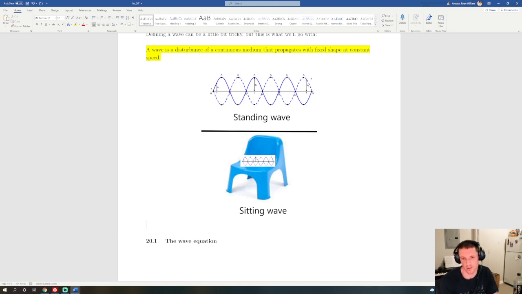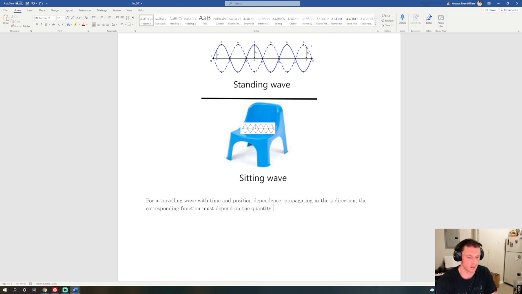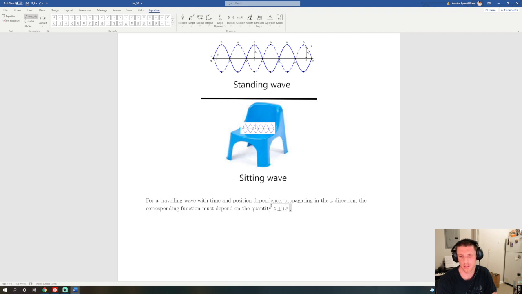I'm going to show you another animation here, but let's just say, focusing on traveling waves, for a traveling wave with time and position dependence, propagating, and propagating just means moving, in the z direction, the function that we use to represent this object must depend on the quantity z plus or minus vt.